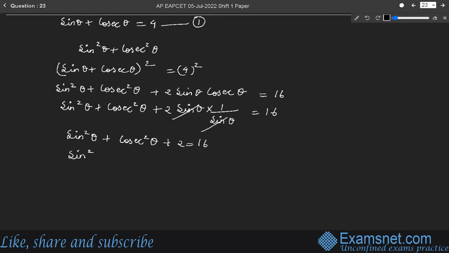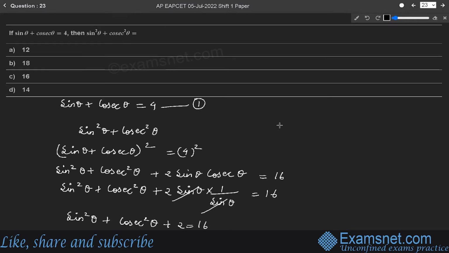Therefore, sin square theta plus cosec square theta will be equal to 16 minus 2, which is 14. Therefore, we can say that the required value for sin square theta plus cosec square theta is 14. So option D is the correct option for this question.